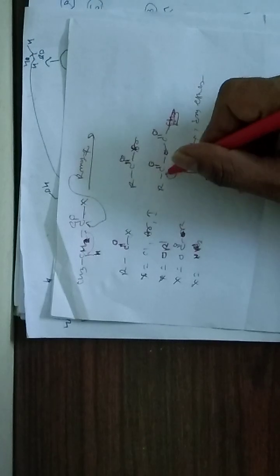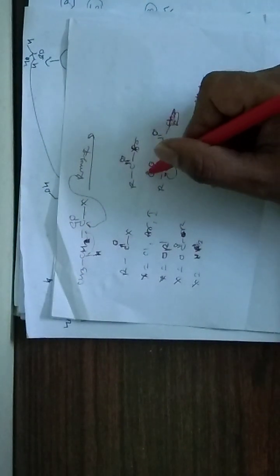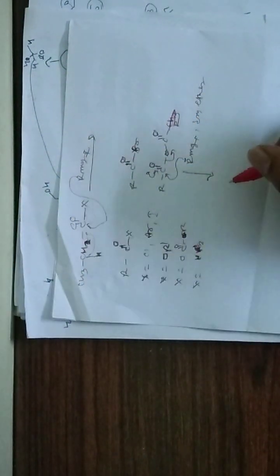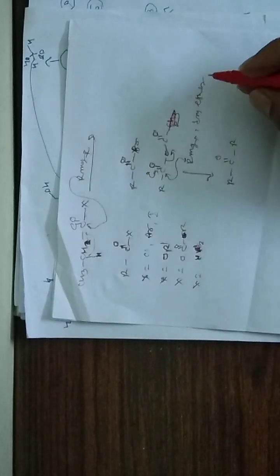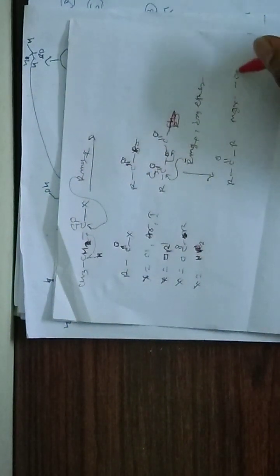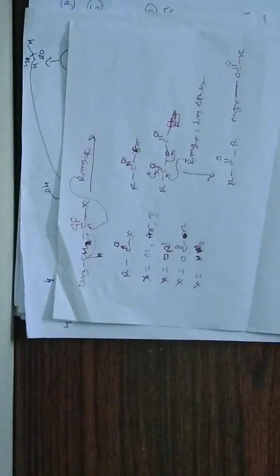This negative charge will act as a nucleophile and this bond will open, come back, and this will leave out. So what will form? RC=OR, and here OC=OR, with MgX.